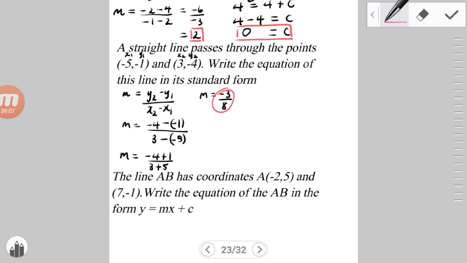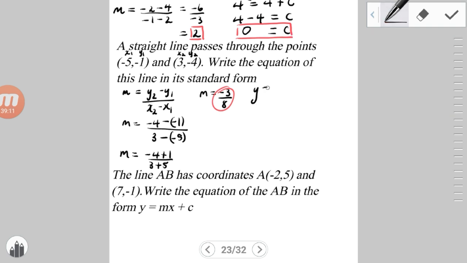Okay, that's the gradient of our line. Now naturally we're just going to go right ahead and process the equation of the line. That's y equal mx plus c. Here we're using the x1, y1 pair of points to substitute for our x and y, and we've just calculated m to be -3/8.